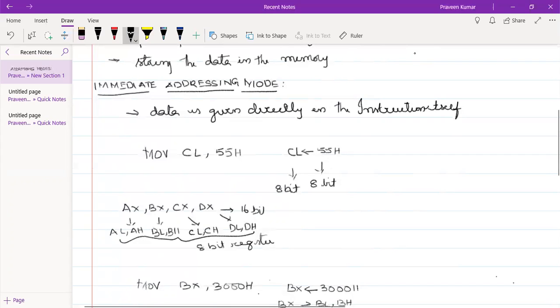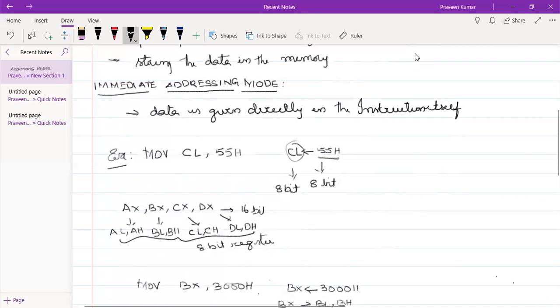The first example is MOV CL, 55H. So the CL register will get the data 55H. That implies 55H is 8-bit data, and CL is also an 8-bit register, so it will get the 8-bit data.